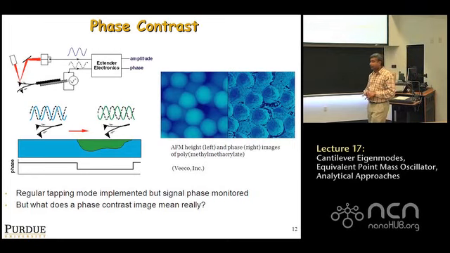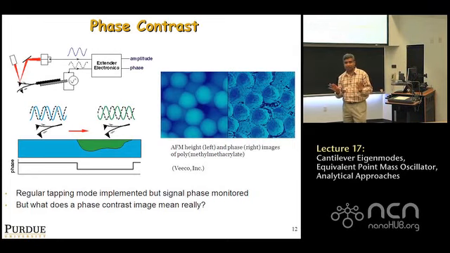So from the early days, it was recognized that there was a channel available to us in AFM for mapping properties of a surface along with topography. Not surprisingly, it became one of the big areas of research because there's only so much you can do with topography. Always you want to know more about your sample. You want to know how sticky it is, how bouncy it is, how soft it is, and so on. So this is the channel that offers you that possibility of mapping properties.